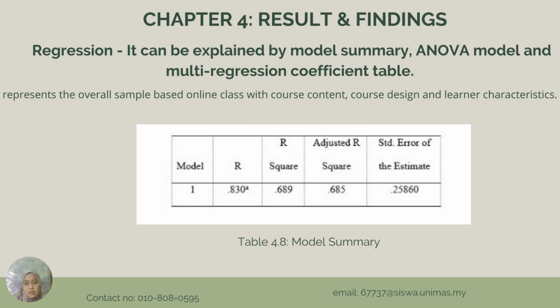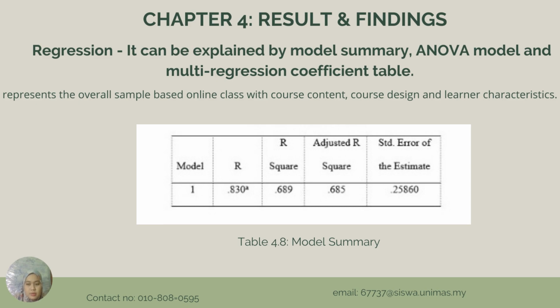Regression analysis is the analysis which investigates how independent variables are linked to a dependent variable. It can be explained by model summary, ANOVA, model and multi-regression coefficient table. Table 4.8 represents the overall sample based on online class with course content, course design, and learner characteristic.